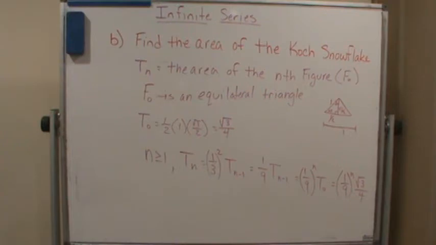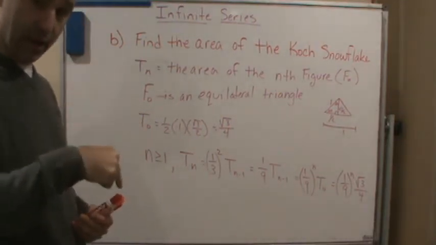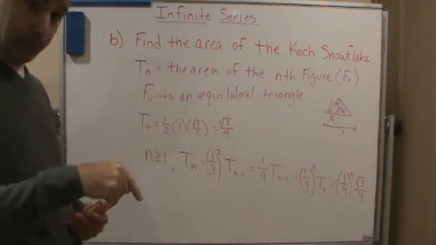Okay, so now, how do we use this to get area of the whole figure? Okay, so since a new triangle is formed on each side of the previous figure, we've got to relate this to the number of sides of the previous figure.